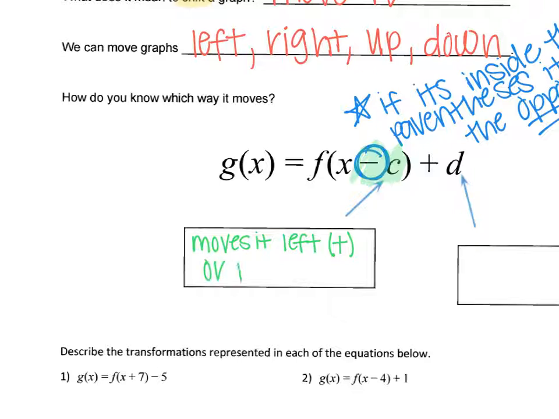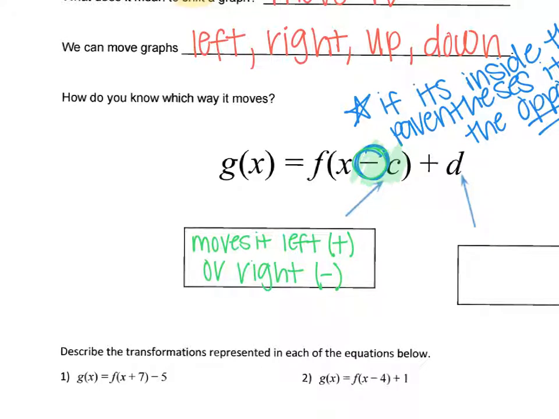Or I can move it to the right, which is going to have a negative sign. And again, I know you're thinking it's opposite, like positive should be moving in the positive direction and negative should be moving in the negative direction. But this minus sign changes it, so it's the opposite. So if you have your function plus a number, you're really going to the left, because you're really taking minus a negative. If you have minus, it's really a plus.